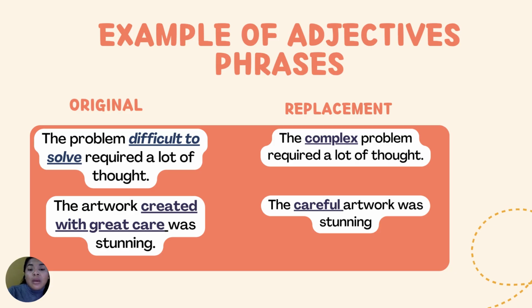So the careful artwork was stunning. So it can be replaced. The artwork created with great care is describing and giving me more information, and it can be replaced by the word careful, which is an adjective. And you can see the location: the careful artwork was stunning.